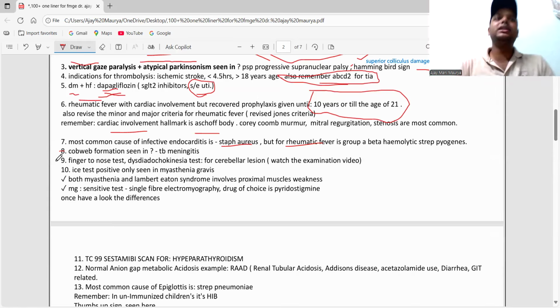Everyone knows that this is the finger to nose test. But what they are assessing is the cerebellar lesions. Most commonly, we will do this in the CNS examination when the patient is suspected of having a stroke.